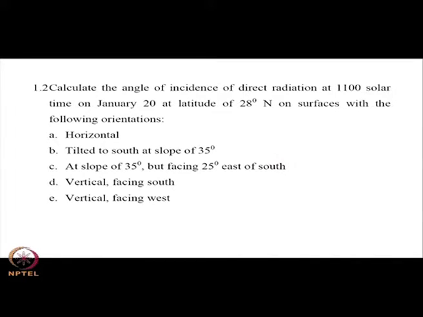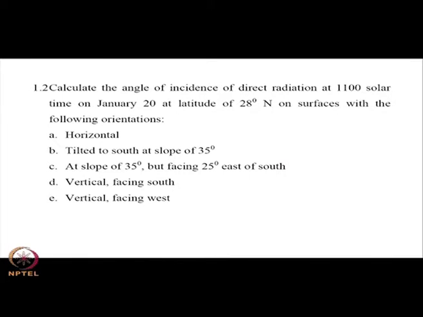So, the first one is a horizontal surface, then tilted to south at a slope of 35 degrees, at an azimuthal angle of 25 degrees east of south, then vertical facing south and vertical facing west. So, these are the examples.